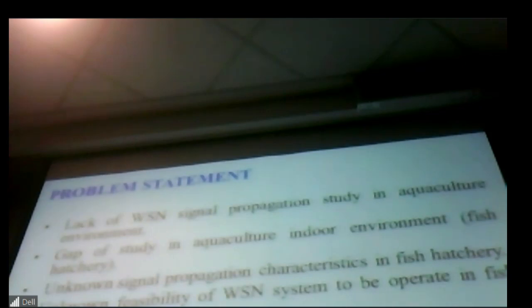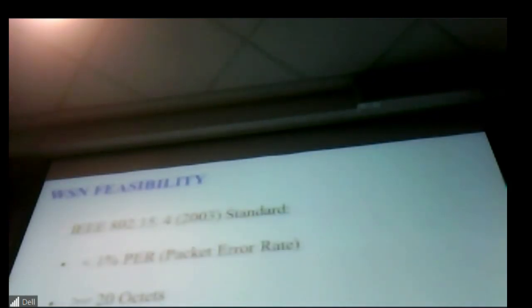For monitoring with a wireless sensor network, we can deploy the sensors everywhere we want. But there is a requirement, which is what we call the packet error rate.